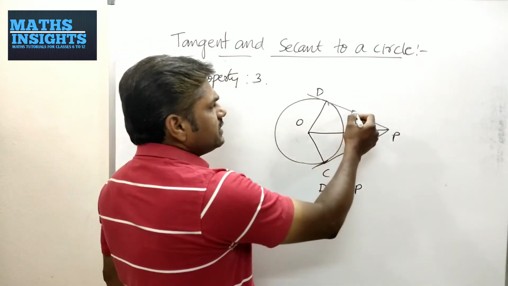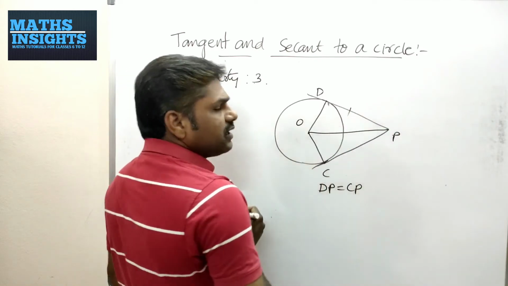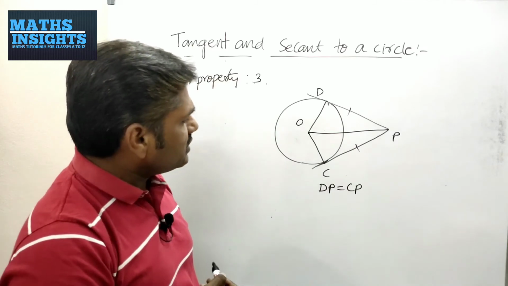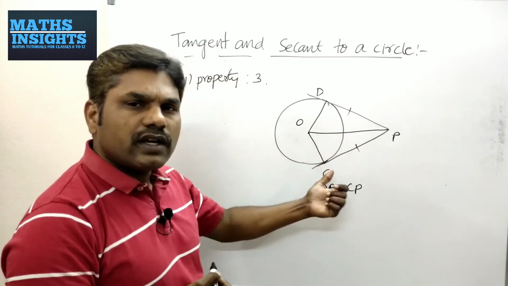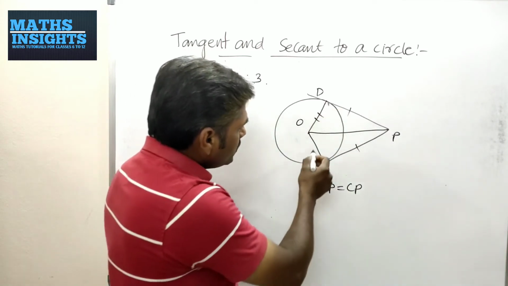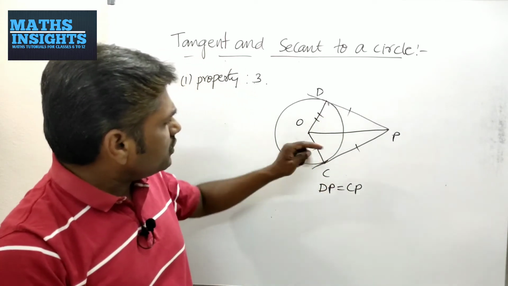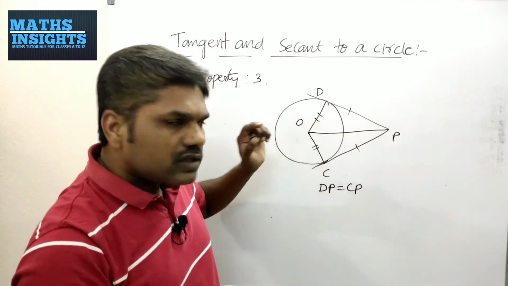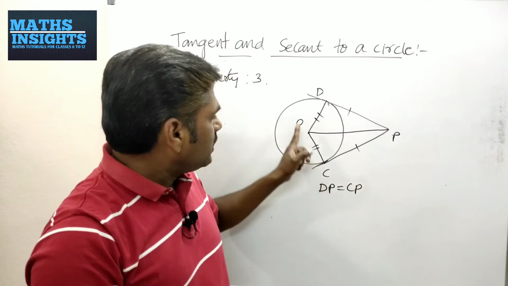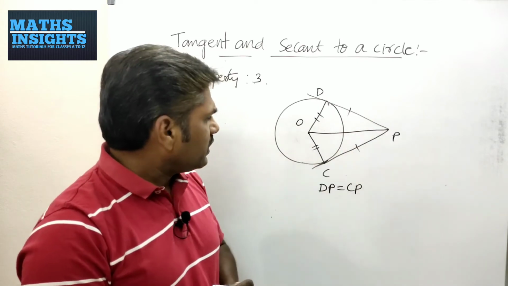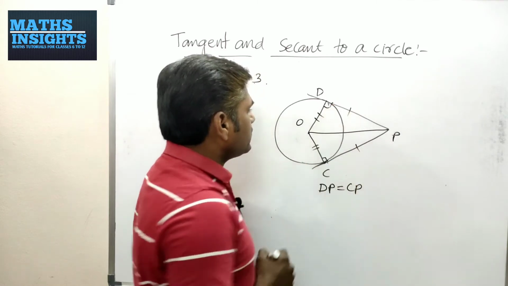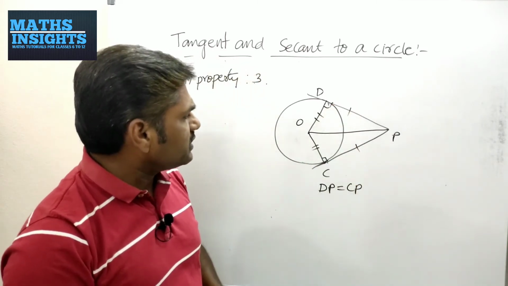Here this is the length of the first tangent, this is also the length of the second tangent, which, as I said, are equal. This is the radius, this is also a radius. If you observe, there are two triangles, ODP and OCP. In these two triangles you have 90 degrees here and 90 degrees here, which means two right angle triangles.